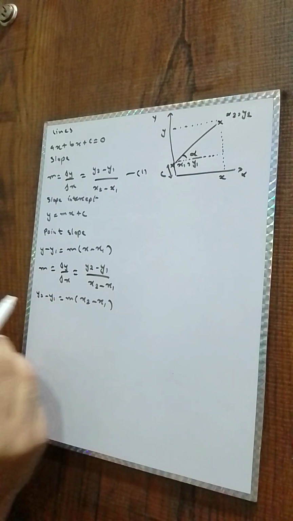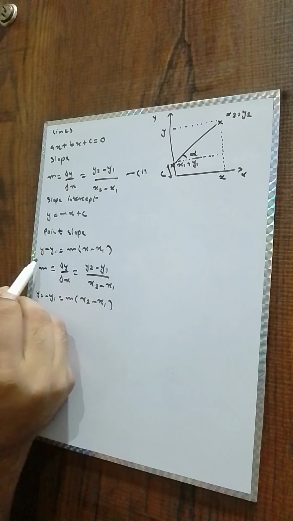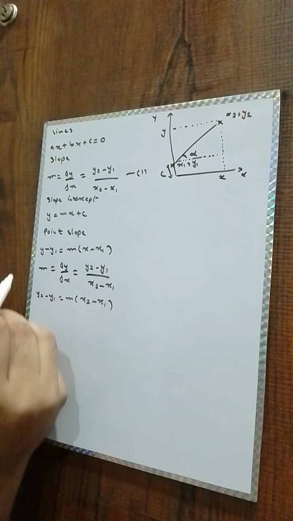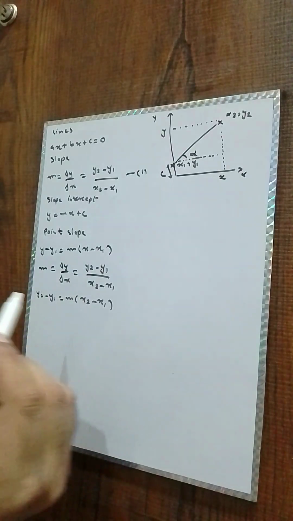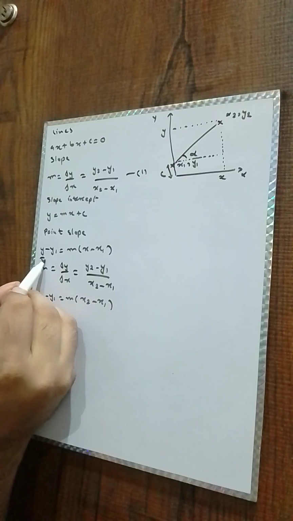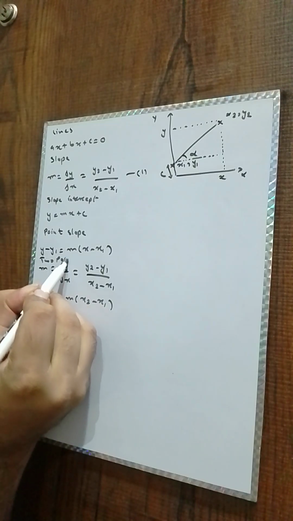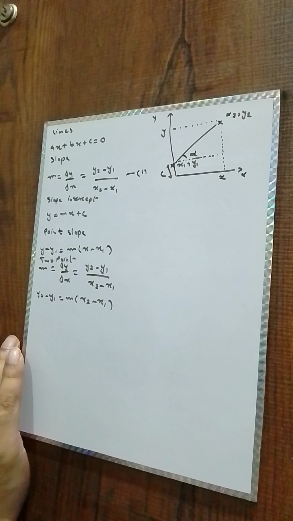Now we're looking back into the slope because we're trying to figure out a form from 2 points, x2 y2 and x1 y1. When we have the information of 2 points, this is the 2-point form.